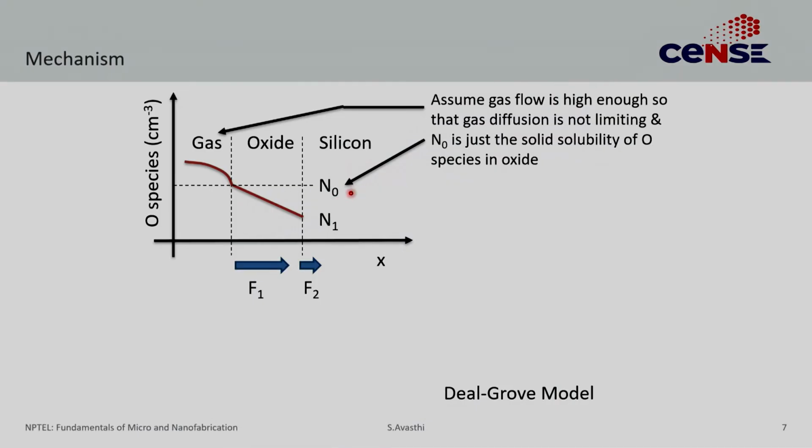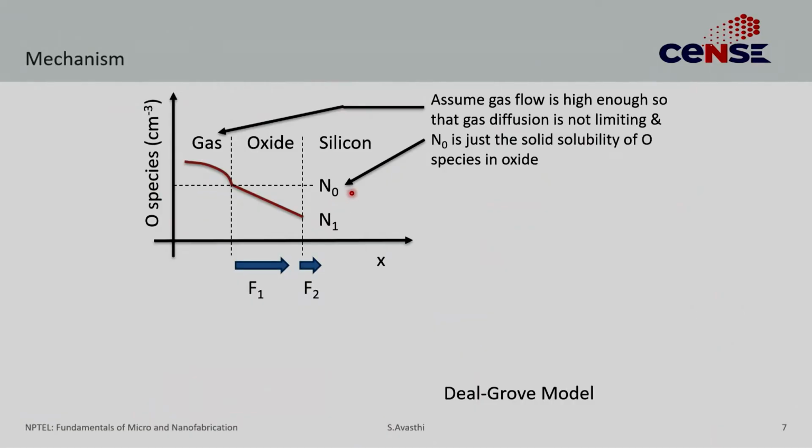The second thing that you assume is N0 is just the solid solubility of the oxygen species in the oxide, because remember the same thing we did in diffusion. In order for diffusion to occur, the species first has to get inside the material, but how much can get inside the material is directly proportional to the solid solubility. So N0 is nothing but the solid solubility of oxygen in silicon dioxide. So those are the 2 assumptions.